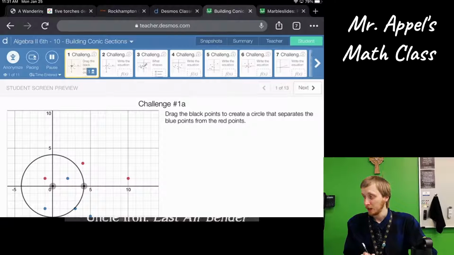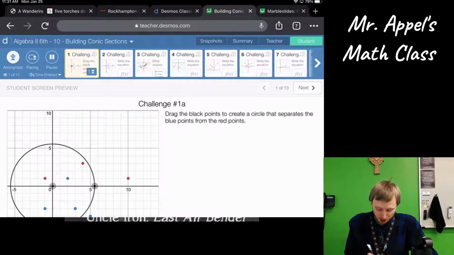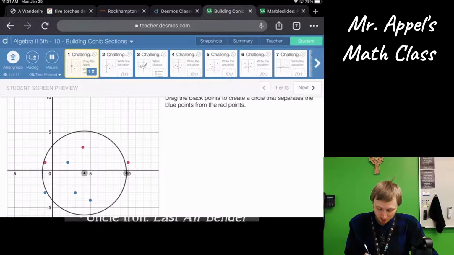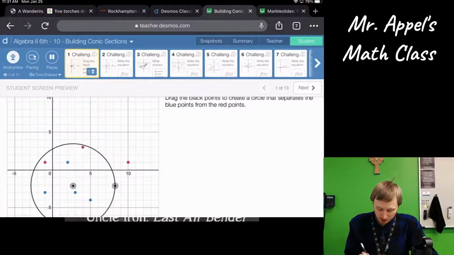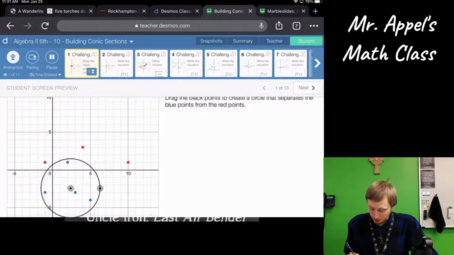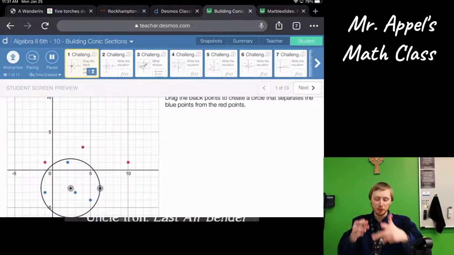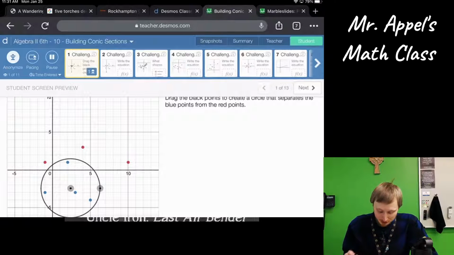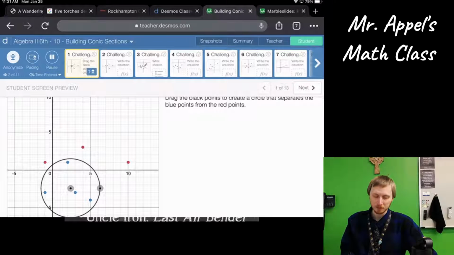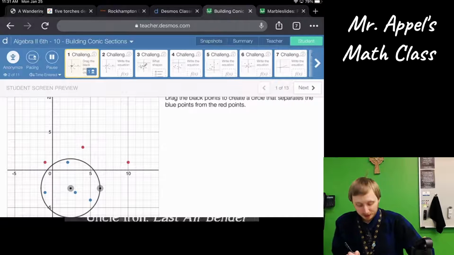So you'll be making these shapes, and I can shift my circle around however I want, and maybe make it a little bit smaller, right? Something like this to create a circle that separates the blue points from the red points. Hey, it's red versus blue. And we have to set up a barrier between them before the fight breaks out, right? That's what we're doing here.